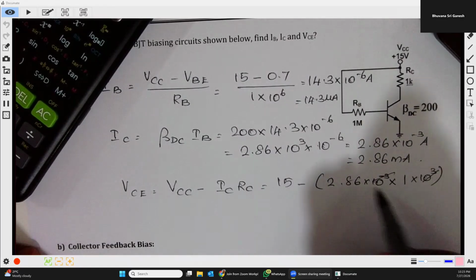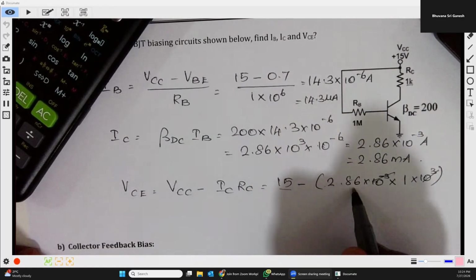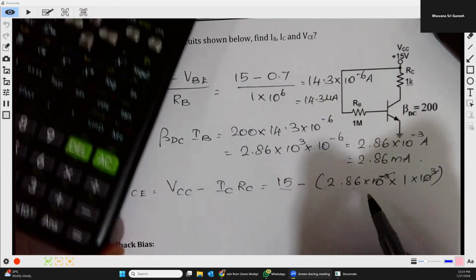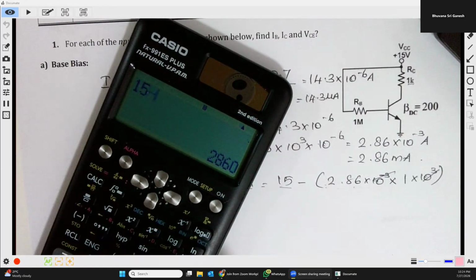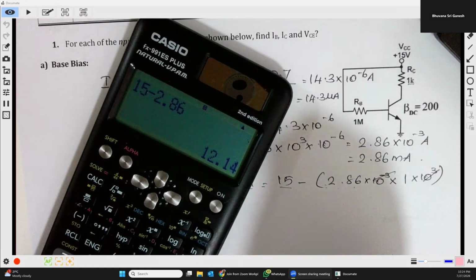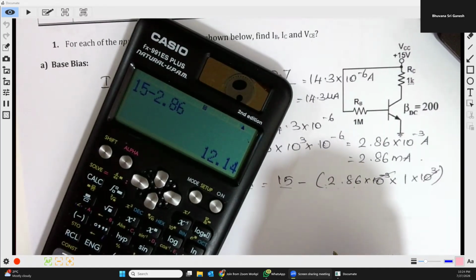So 15 minus 2.86 times 1 is 15 minus 2.86, equal to 12.14 volts.